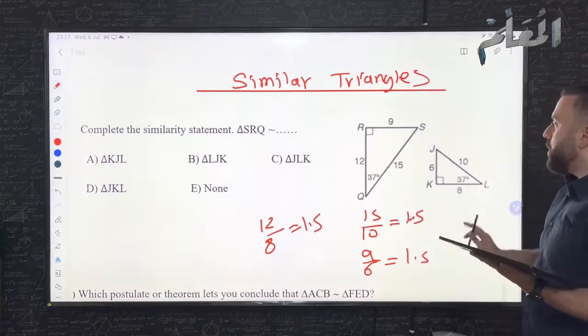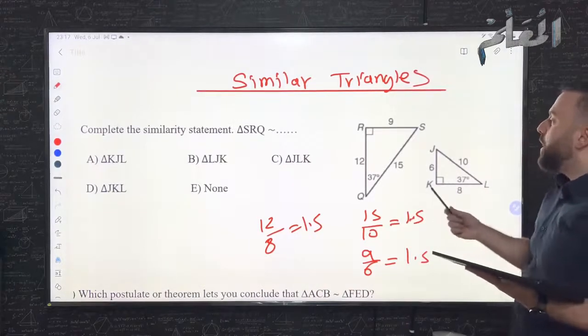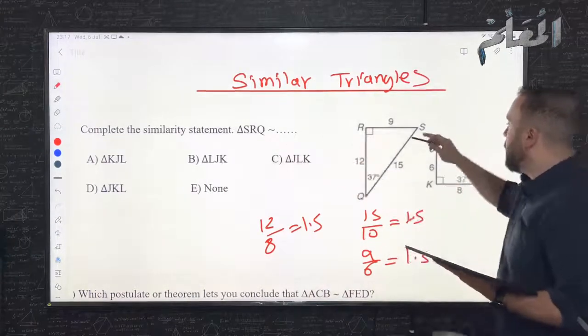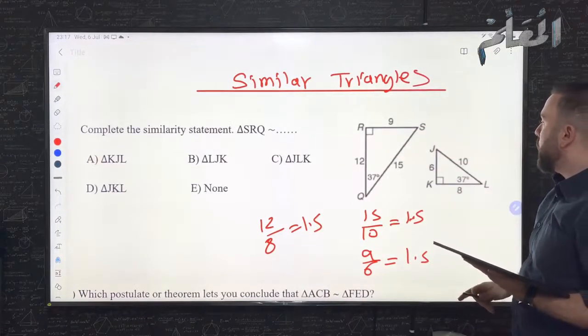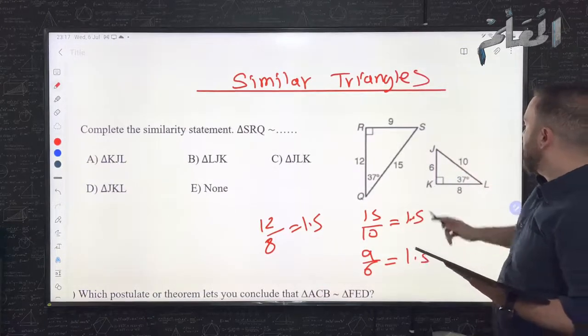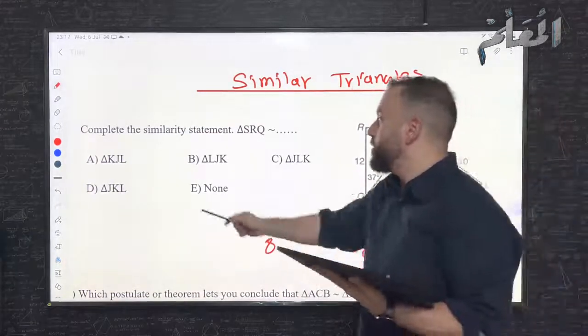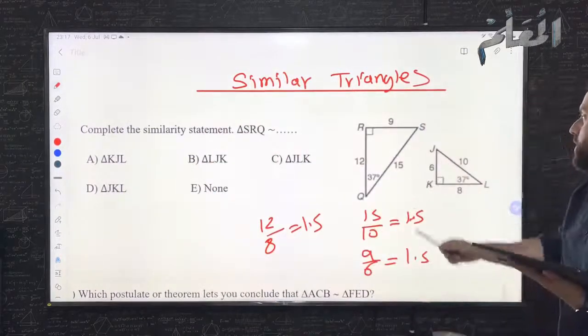So the ratios are clear now to me. It is the same, so they are similar. So I can say that SRQ is similar with JKL. So the choice is D, triangle JKL, based on the sides that I divided.